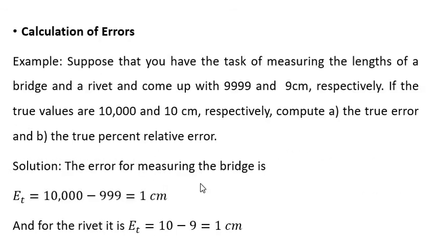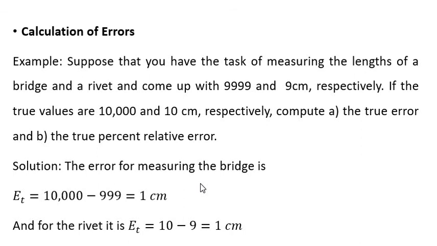Calculation of errors. Example: suppose that you have the task of measuring the lengths of a bridge and a rivet and come up with 9,999 and 9 centimeters respectively. If the true values are 10,000 and 10 centimeters respectively, first compute the true error and then the true percentage relative error. Consider the solution.